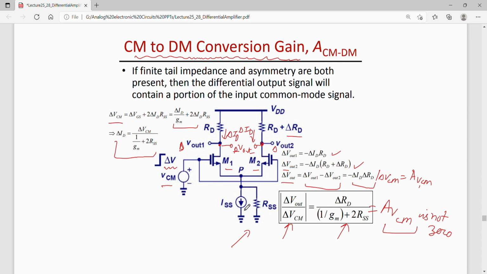So we wanted this to be zero, but it is not zero, and it is undesirable that it is not zero. So this is again called common mode to differential mode conversion of gain, represented by ACMDM. So we want this gain to be either zero or very small.